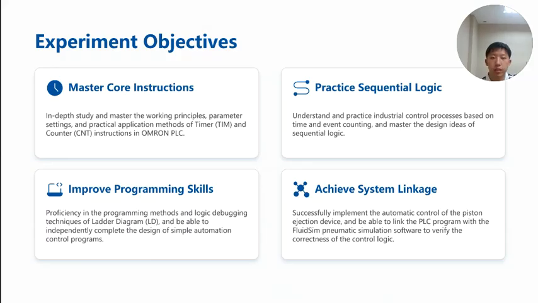Third, improve our ability to program and debug using ladder diagrams. Finally, and most importantly for this experiment, is to realize the PLC control of the pneumatic device and verify our design through simulation software.